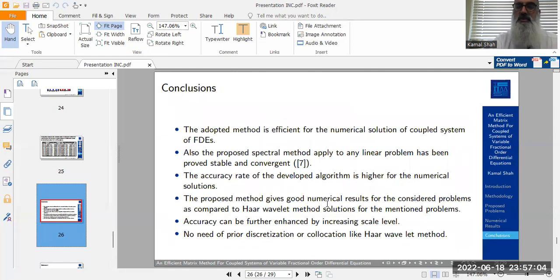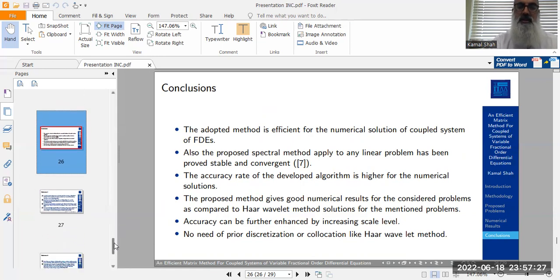The proposed method gives good numerical results for the considered problem as compared to the Haar-Wheeler method solutions. The accuracy of our proposed method can be increased by increasing the scale level because the method is oriented to scale level. There is no need for prior discretization or collocation like the Haar-Wheeler methods. Our method does not need any prior discretization of data.